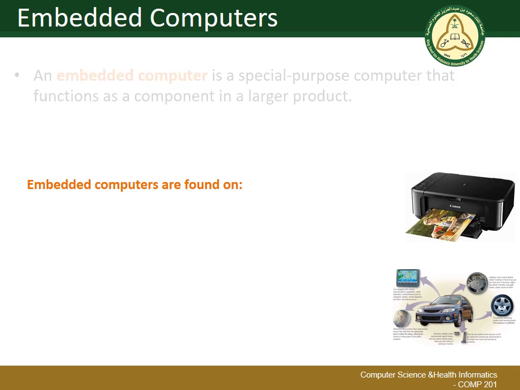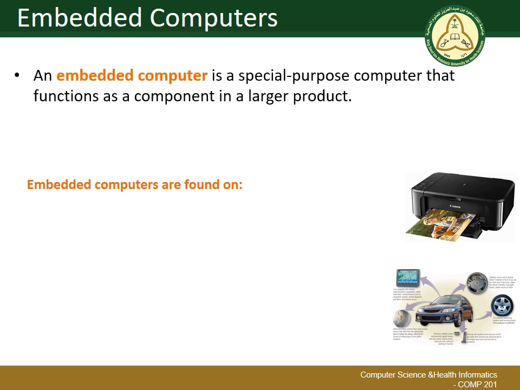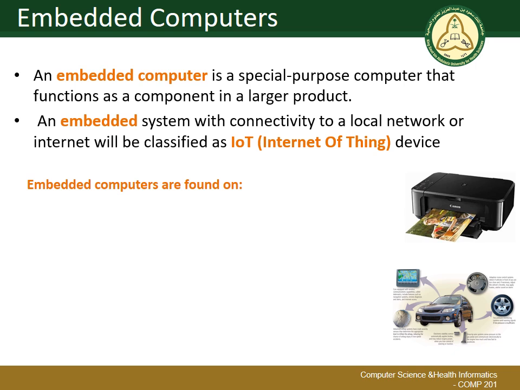Embedded computers, these are a special type of computers. These are embedded, planted in the machine, in the device. You cannot see it. You will not see a typical computer with a monitor and keyboard. It's from its name, embedded computer. Embedded computers are planted inside another body of machine, so you cannot see it.